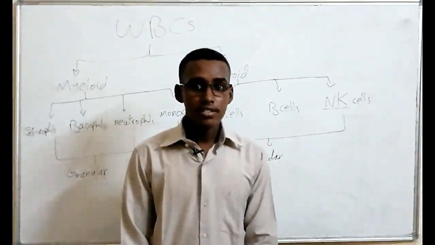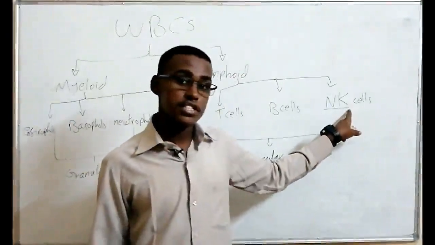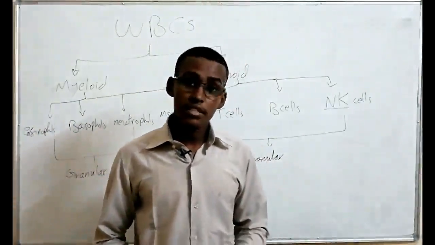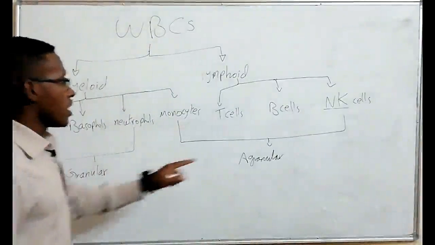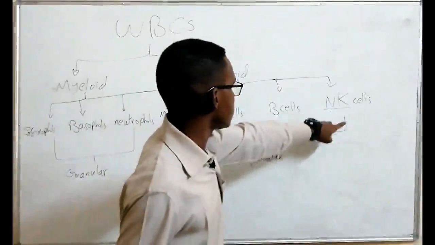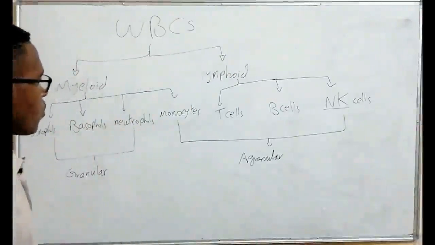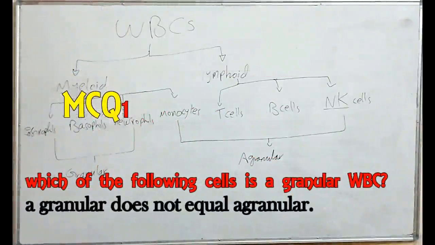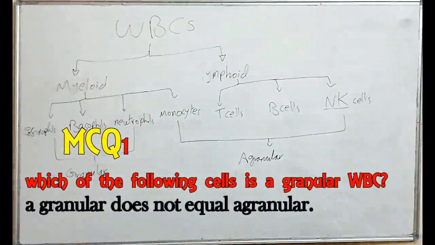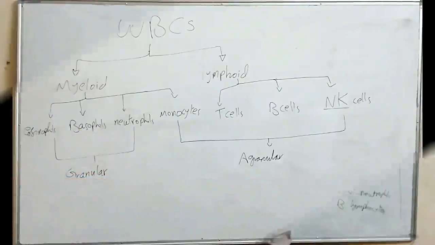As a matter of fact, there are some granules within the cytoplasm of natural killer cells, but yet they are not considered as granular white blood cells. When I come to discuss the natural killer cells, I will tell you why they are not considered granular. Okay, so this is the classification of the white blood cells according to their origin and according to the presence of granules within the cytoplasm of the cells.